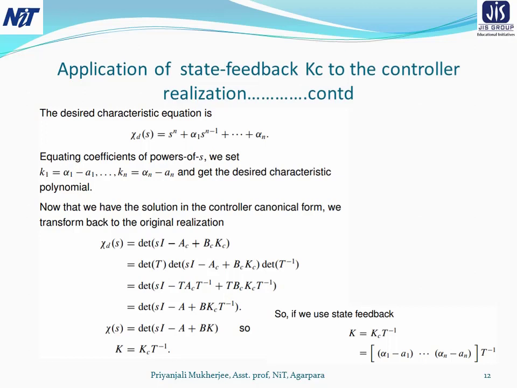So from this, the state feedback is k, which is equal to Kc into T to the power minus 1, where Kc T to the power minus 1 is actually alpha 1 minus a1, alpha 2 minus a2, up to alpha n minus an, whole into T to the power minus 1.